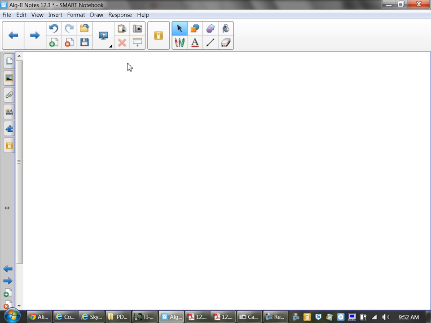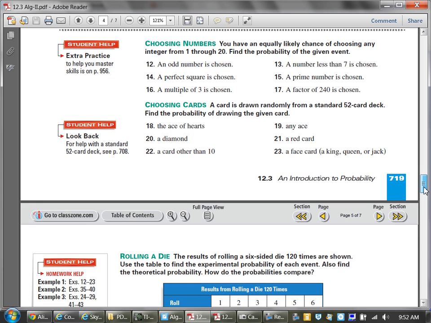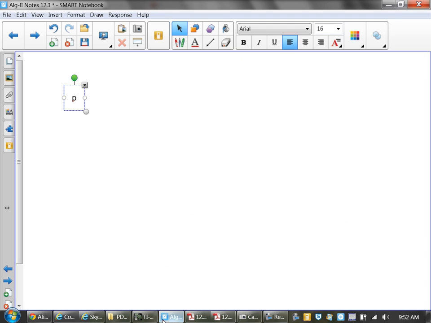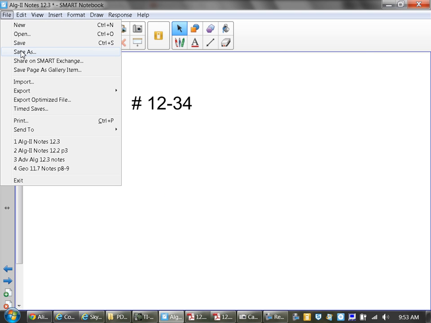So you get the idea that it's going to take a while to get through, because of all the other stuff. So 719, 12 through 34. Oh yeah, so it'll be next Tuesday. You can do like 2 problems a day for the next couple of days.